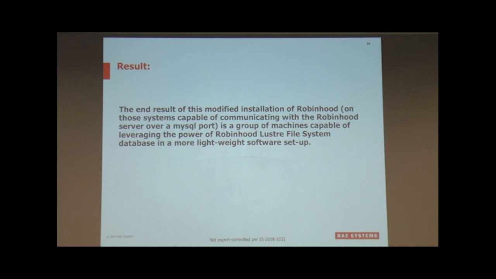Right now, we have a general MySQL query that can be run to get extended attributes whenever they're captured. We right now have in our Robinhood setup a policy for most of our extended attributes. So by using Robinhood policy, you can find things that fit the policy description.